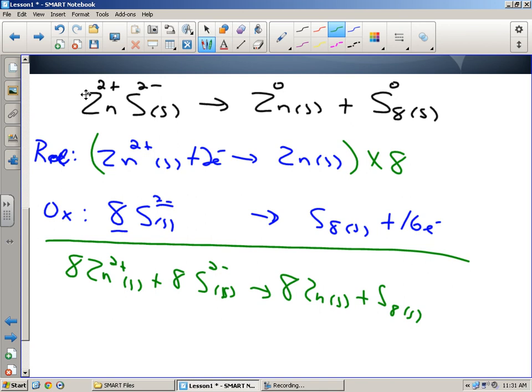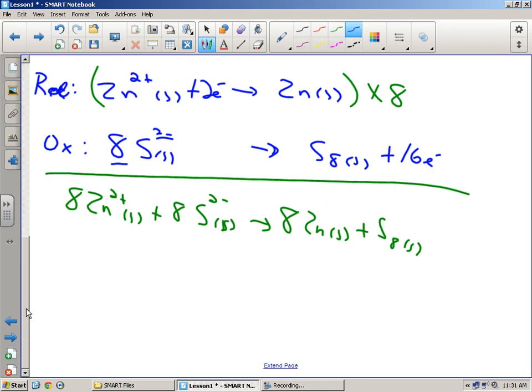Last things last here, of course, don't forget. We will be asking you which one is the oxidizing agent, which one's the reducing agent. That's super duper important. They always happen on the reactant side, of course. But look, this one is being reduced. Zinc 2 plus is being reduced, so it is your oxidizing agent.